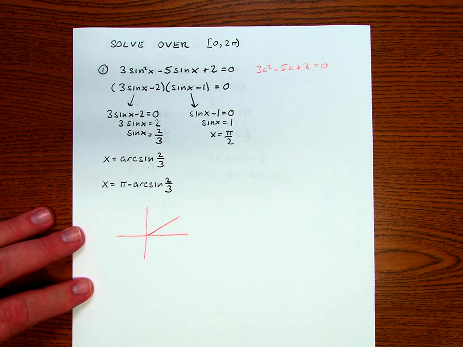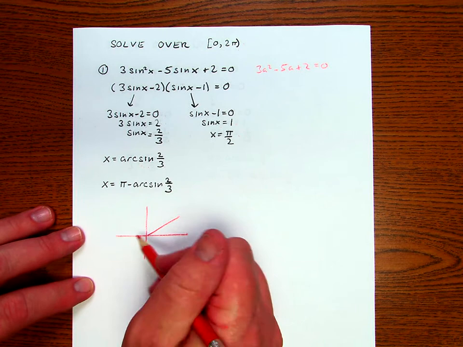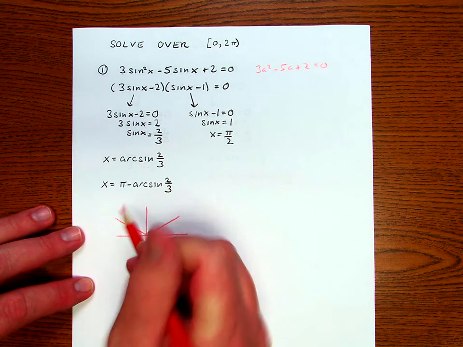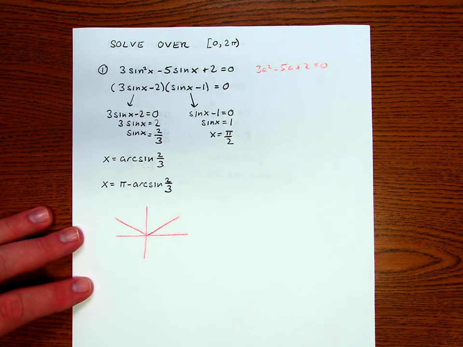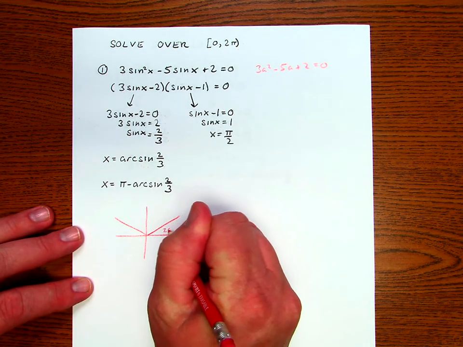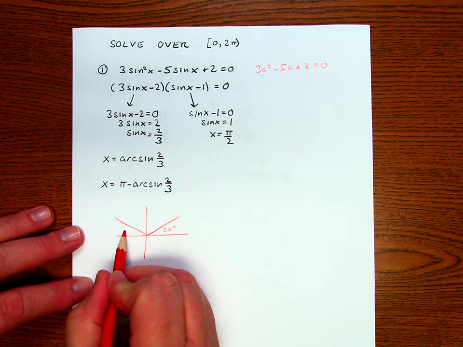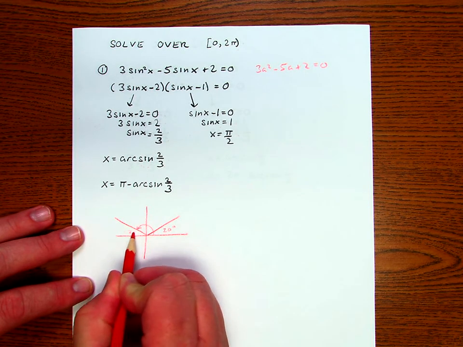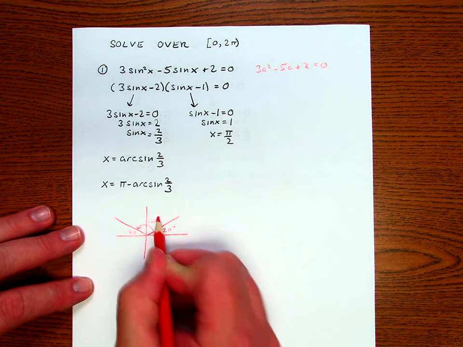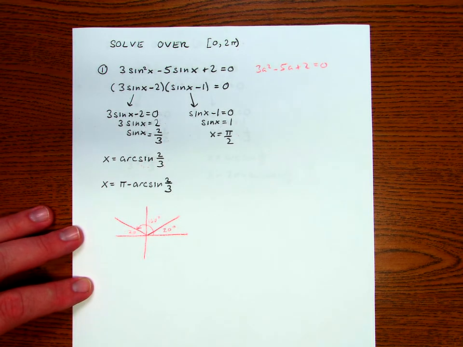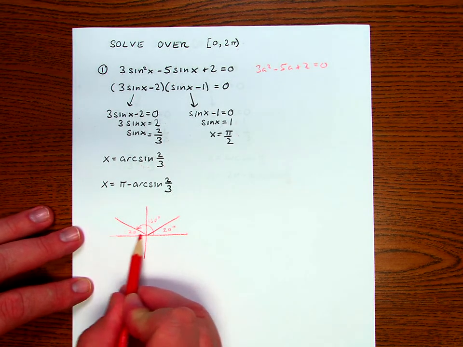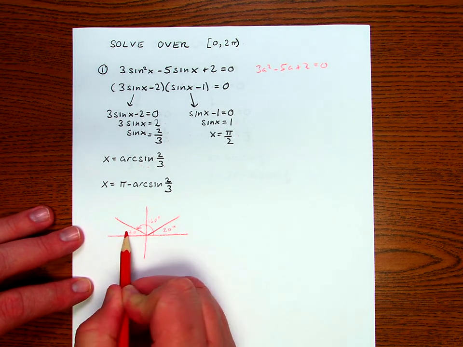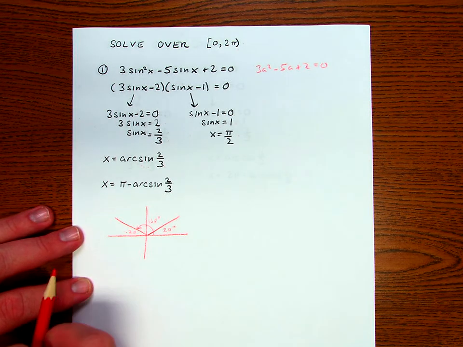Now, we know that sine is also positive in the second quadrant. So we'll do a degree example just to build up how we're going to get this other answer. Say that this was 20 degrees. We know that this solution has to have a 20-degree reference angle. So that means it would have to be 160 degrees. In other words, we would take the 180, subtract the 20, and get 160.